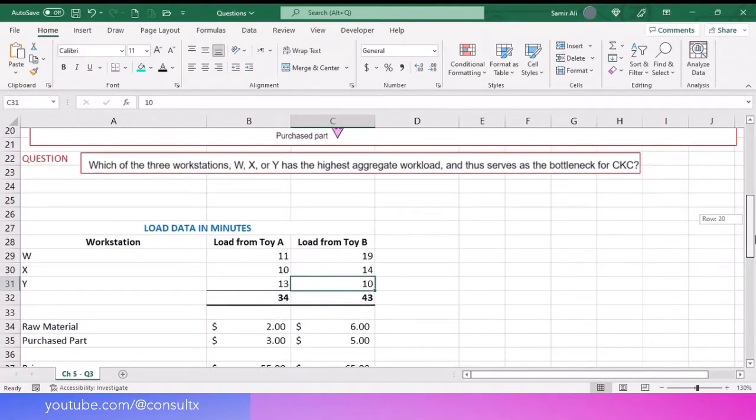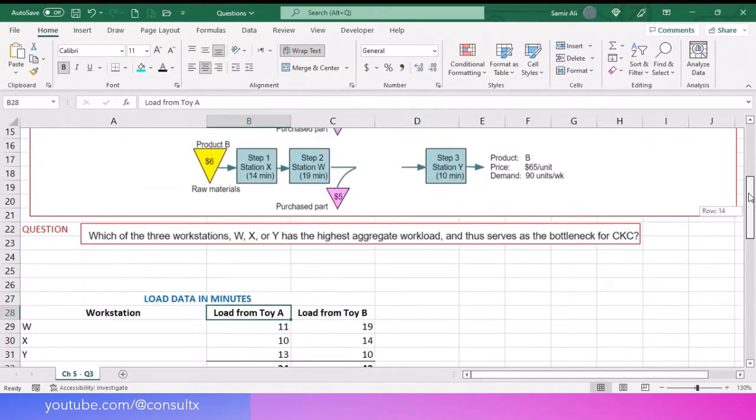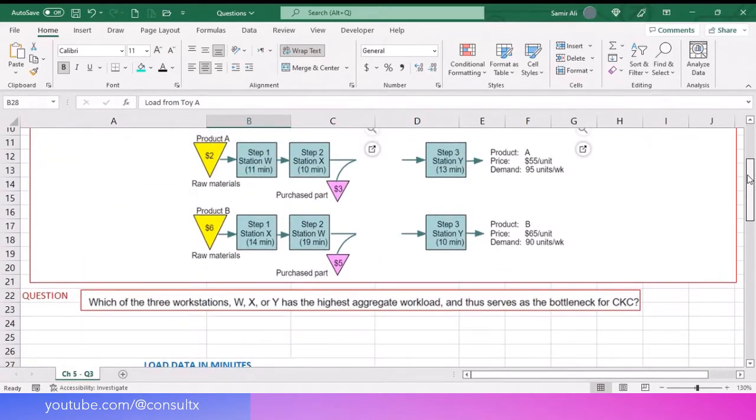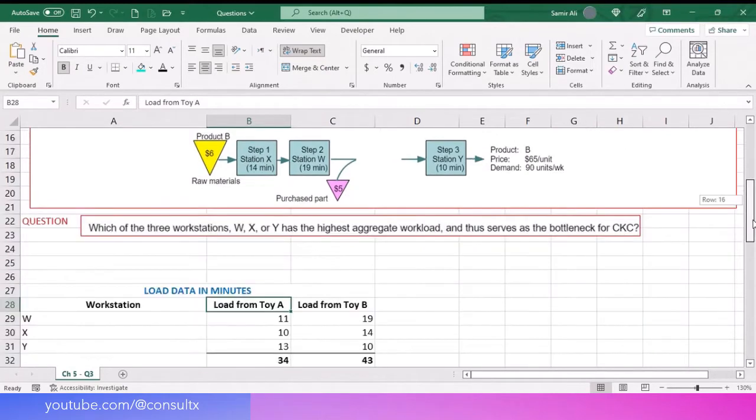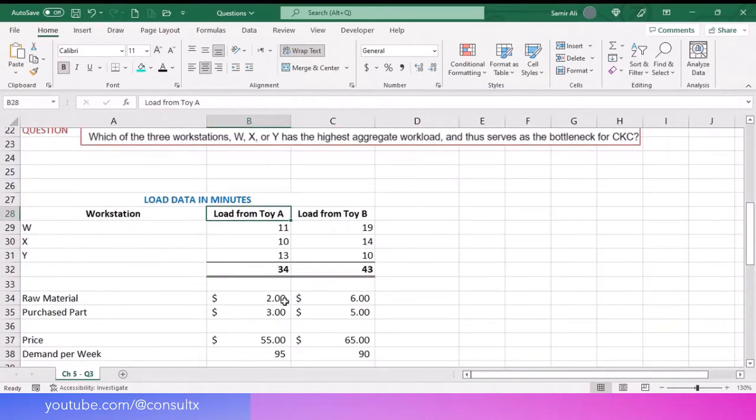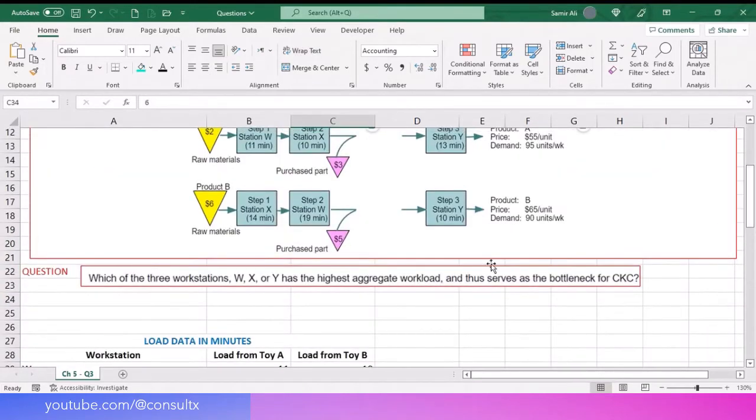The next thing I copy down is the raw material and the purchase part for each of the toys, toy A and toy B. For product A, there's a $2 raw material and a $3 purchase part, so I put in $2 here and $3 here under toy A. And for toy B, it's $6 and $5.